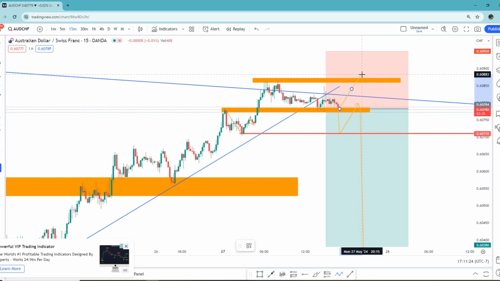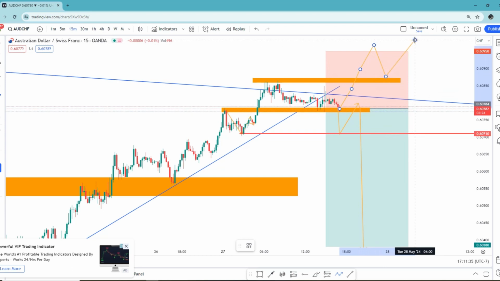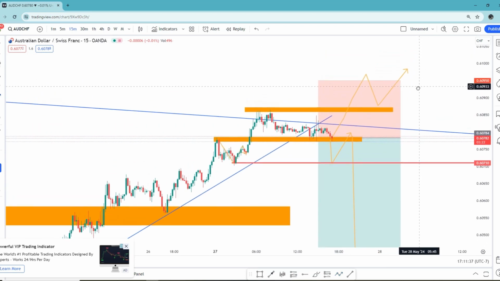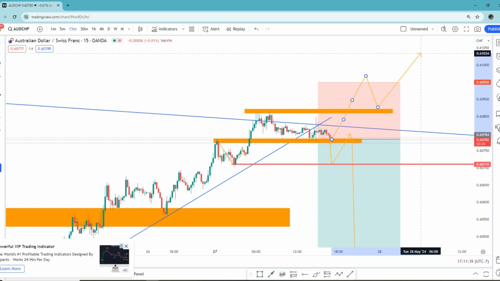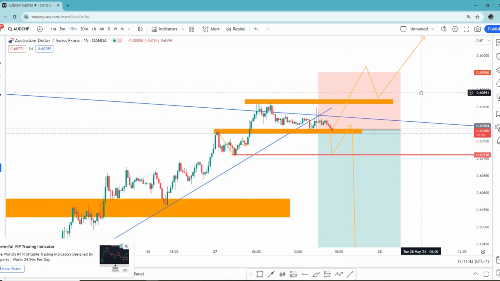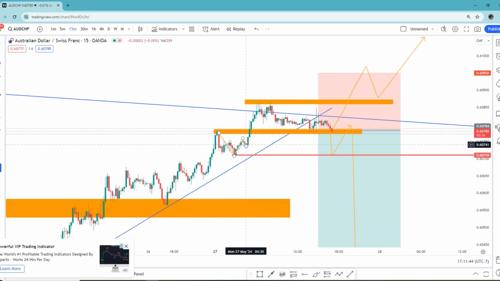Because when the market breaks out of this one, you must know, hey, the market is going to do something like this. No, it's going to do something like this. You understand? So the zones are very important.